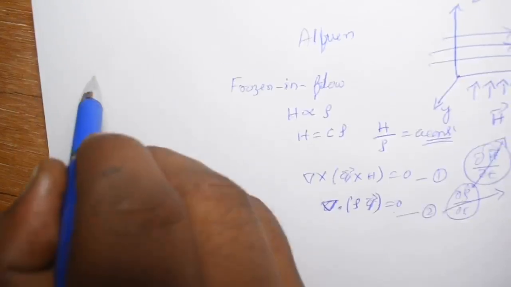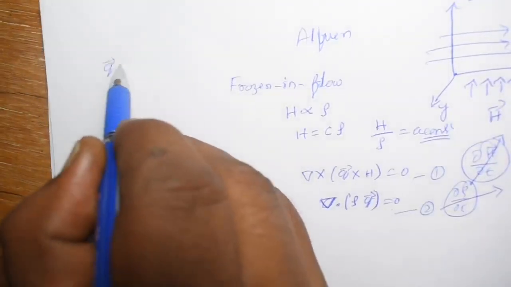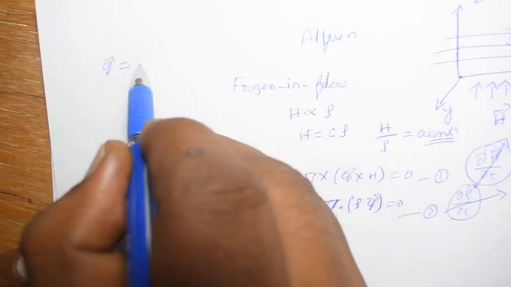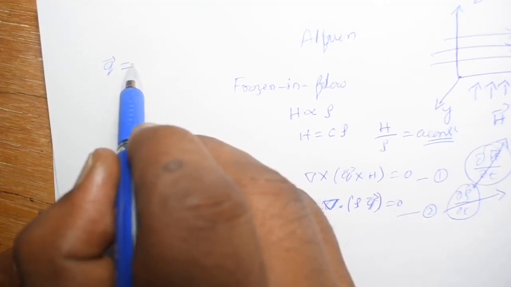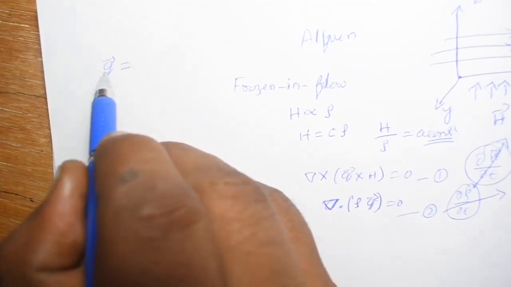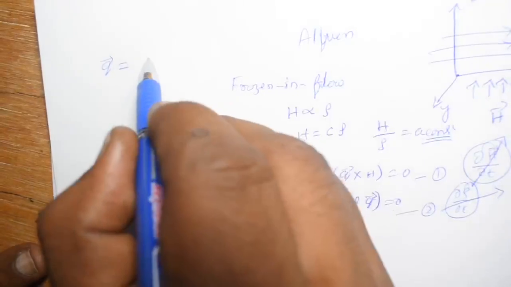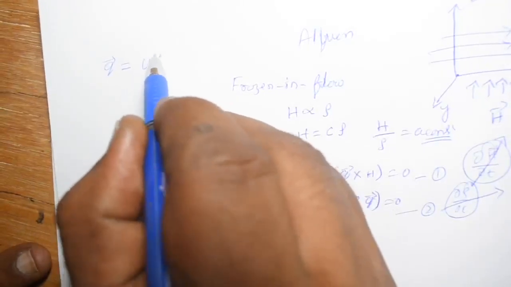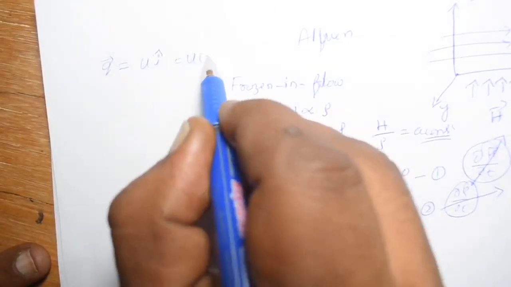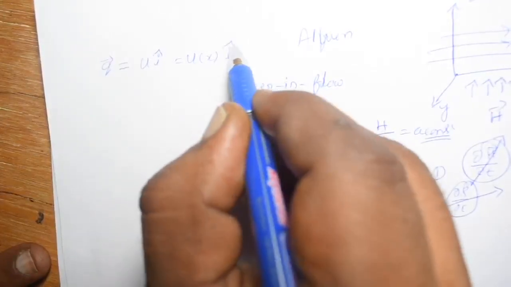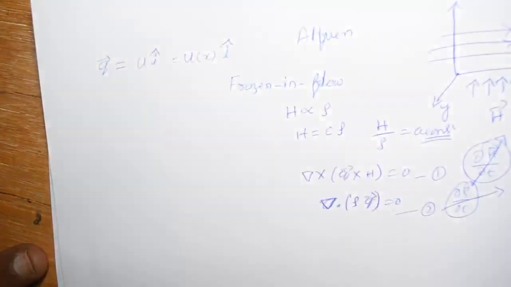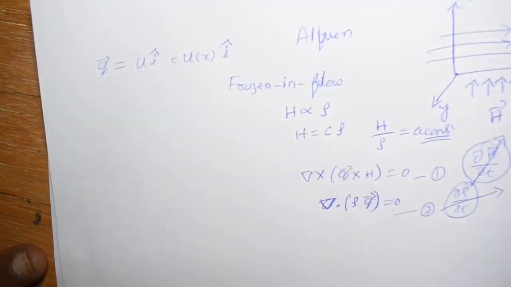They have given that the flow is only along x direction, so Q is equal to U i. And here U is a function of x only, because it is not a function of the other position variables y and z, and since the flow is steady, it is not a function of time either.